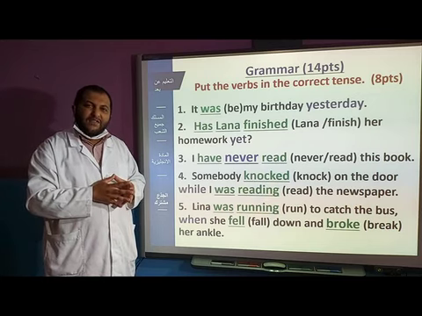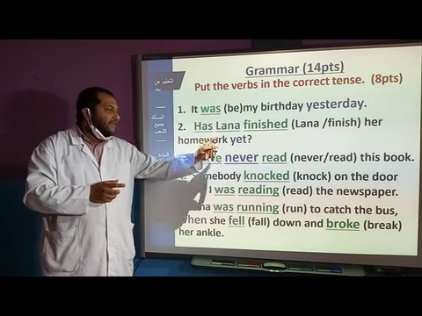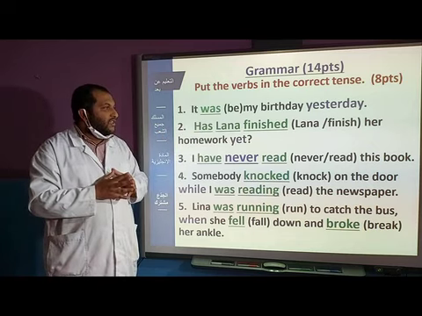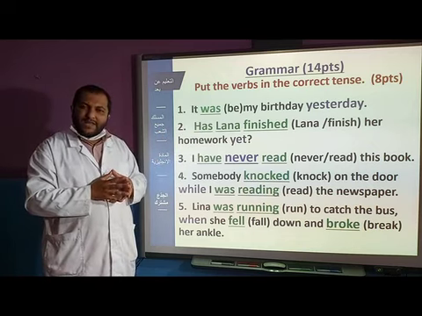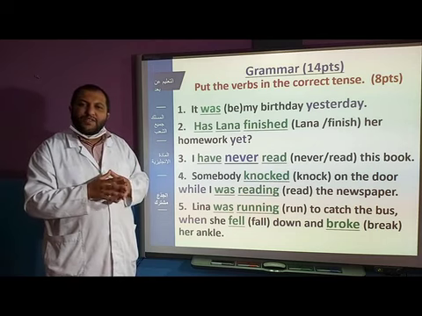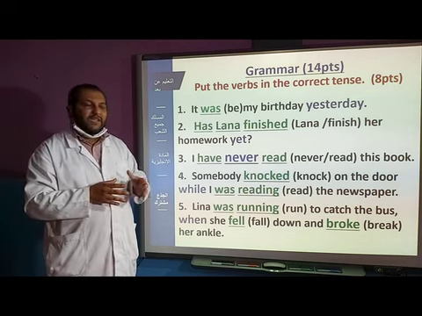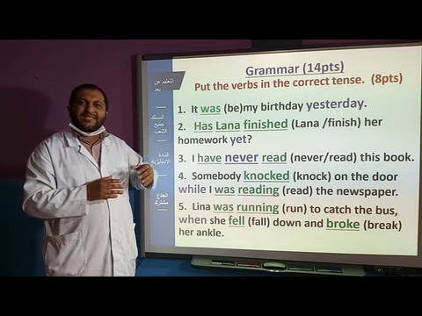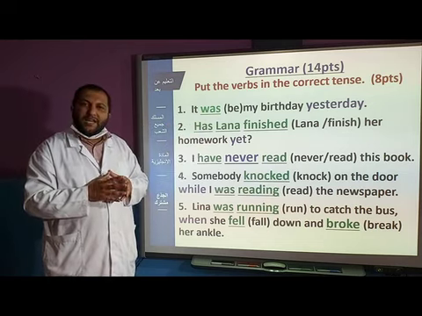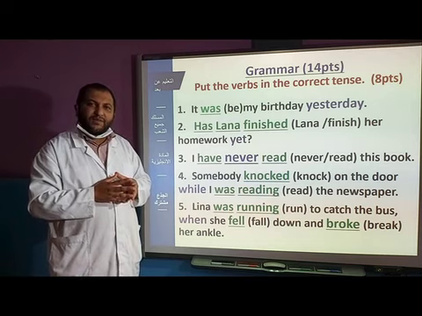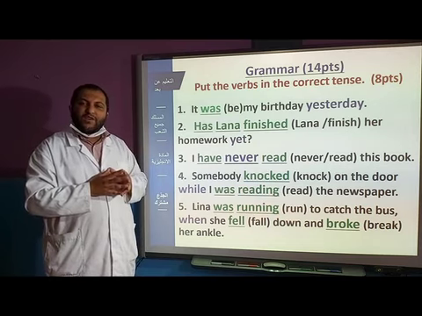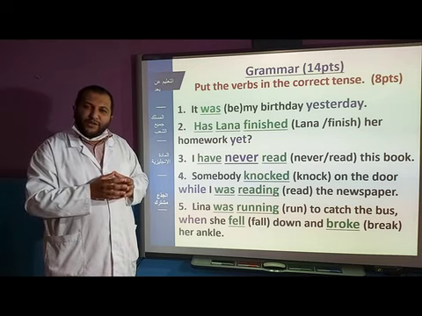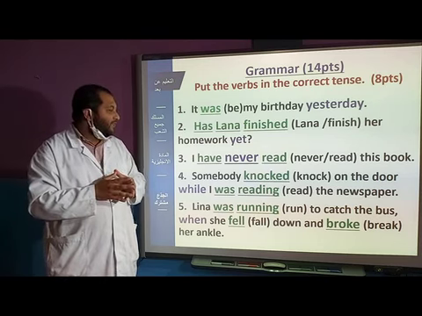Simply because we have the time expression yet. Has Lana finished her homework yet? So for present perfect questions, it's always have or has, followed by a subject, followed by the past participle. Has for he, she, and it. Have for I, you, we, and they.